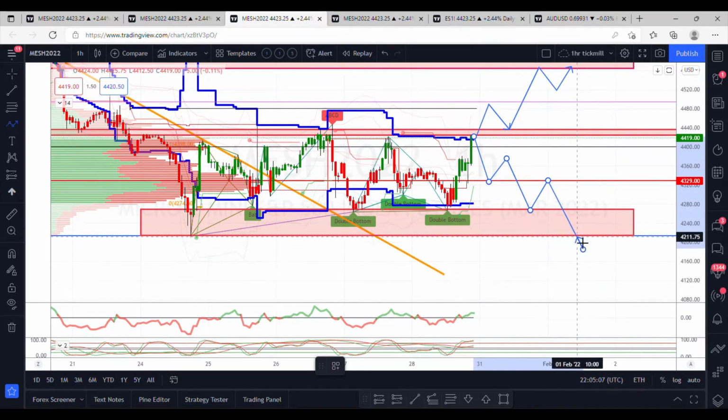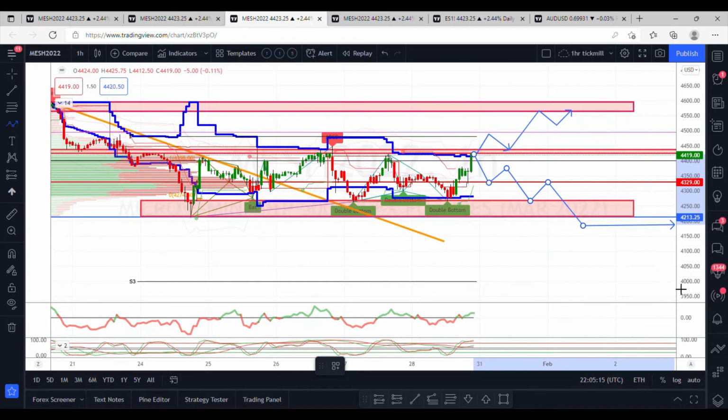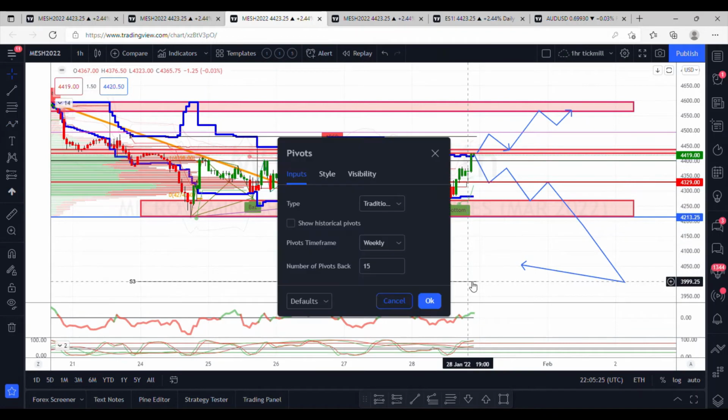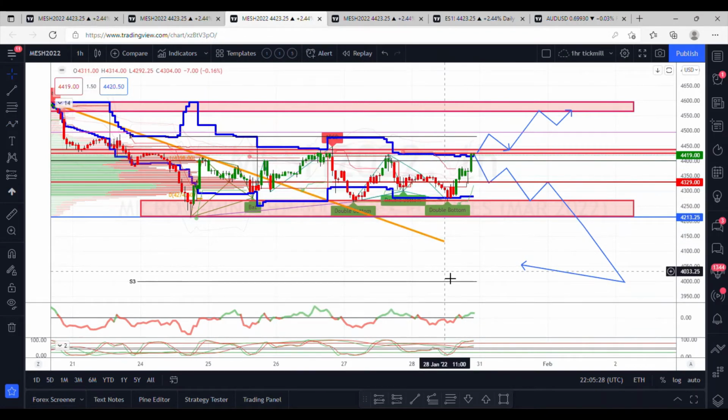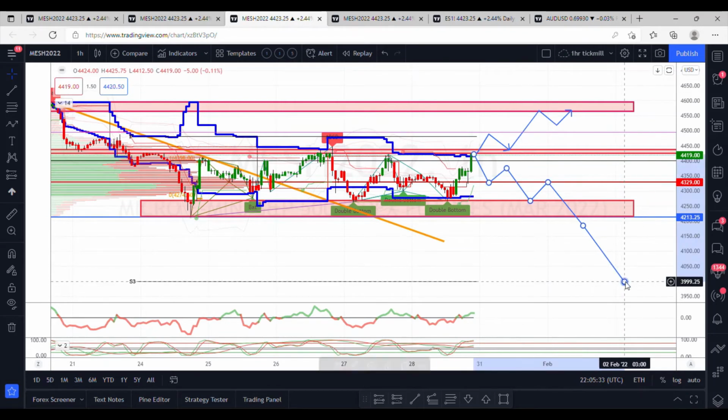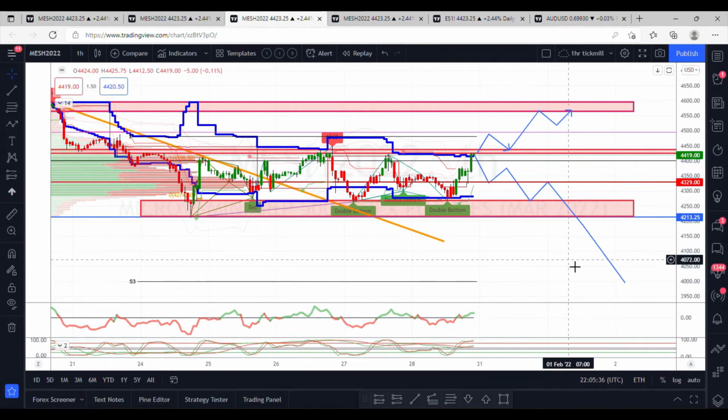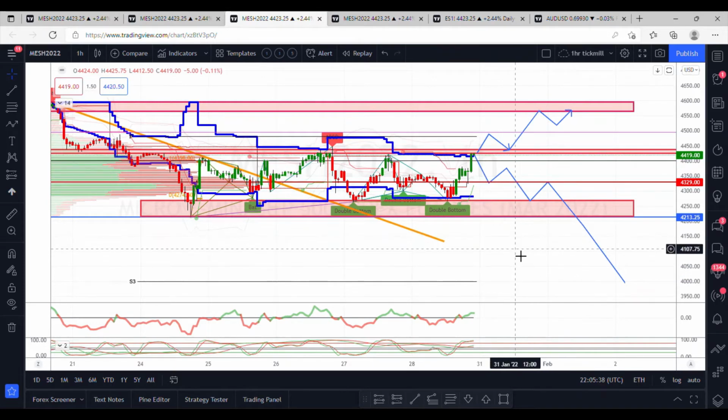If we get a break lower than 42.13, then we are definitely heading for the fifth wave, which coincidentally matches up with the next pivot. So these are the weekly pivots, they match up with the next weekly pivot. So those are the two scenarios which I think we could be looking at.